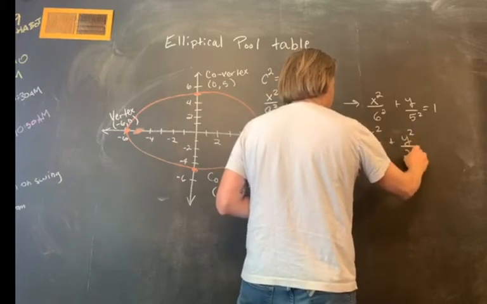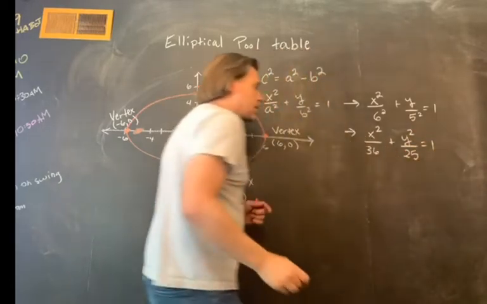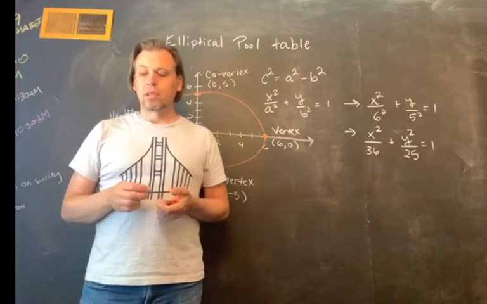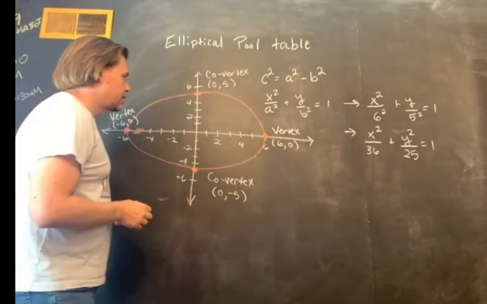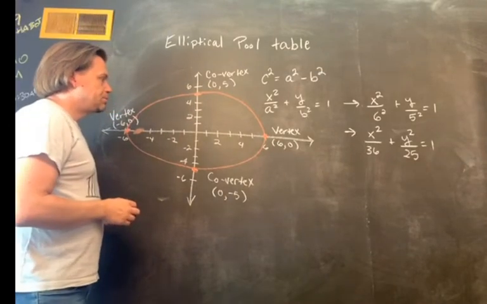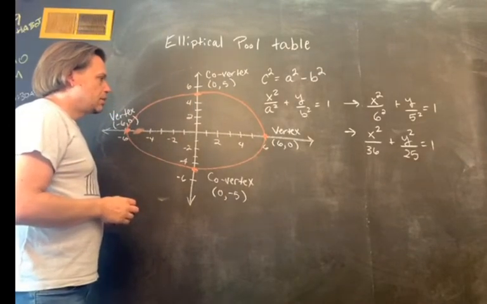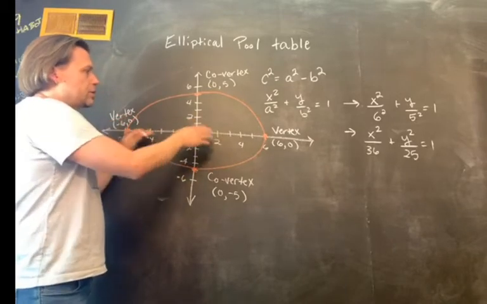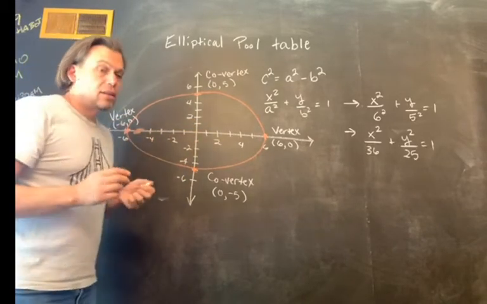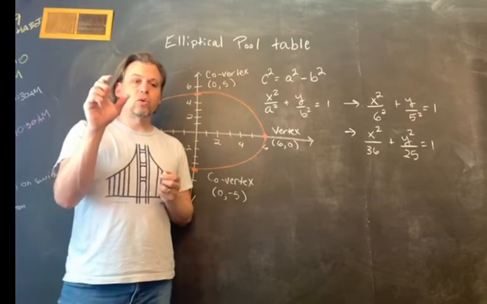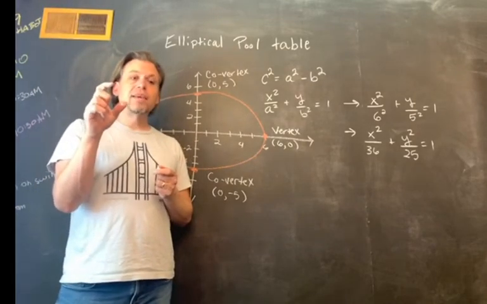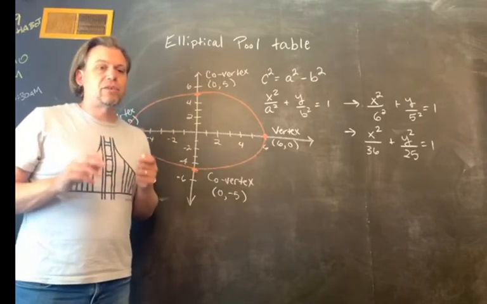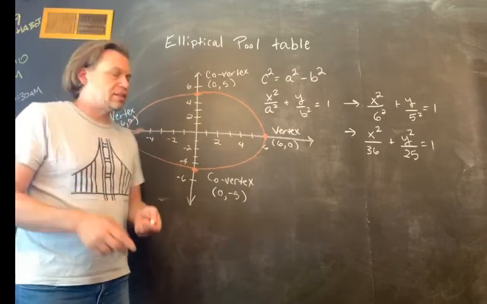Now, the cool thing about the elliptical pool table, and the thing we need to understand, is that you have these two points here that are called foci. And the idea is one of those points is the hole where the ball goes into. The other point is where you shoot the ball from. And if you shoot the ball from that point, it'll go into that hole every time.